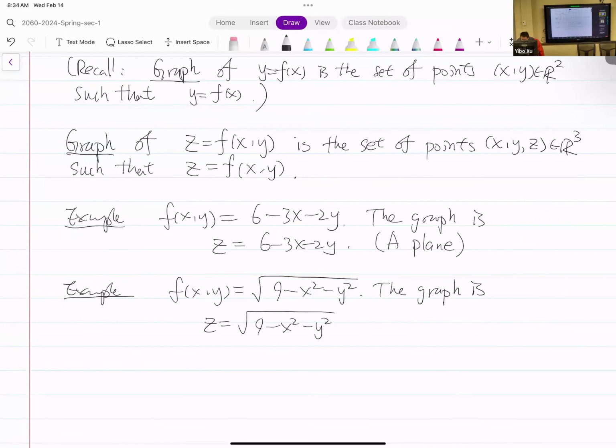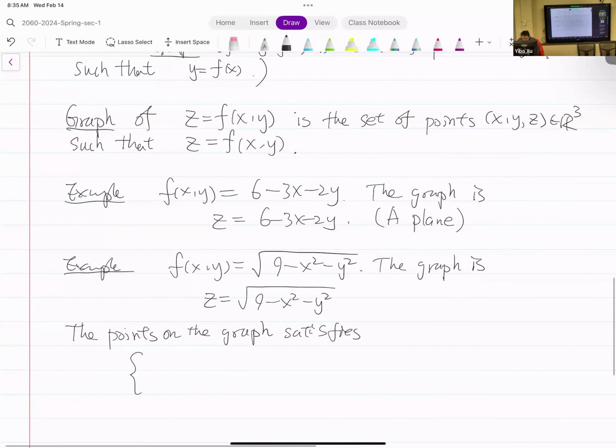At the same time, we realize that z is the square root, which is always a non-negative output, right? So the points on the graph satisfy the following two relationships, right? This is a combination of the conditions such that z is always non-negative, okay? And at the same time, we can just square both sides. So this is z squared equals 9 minus x squared minus y squared.